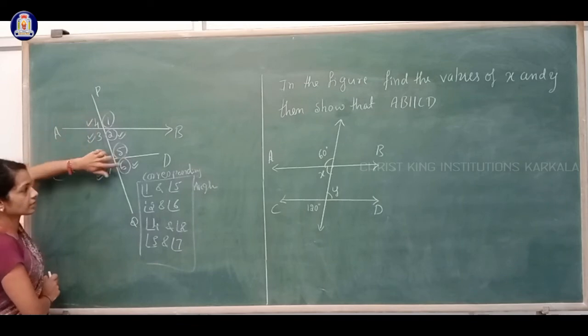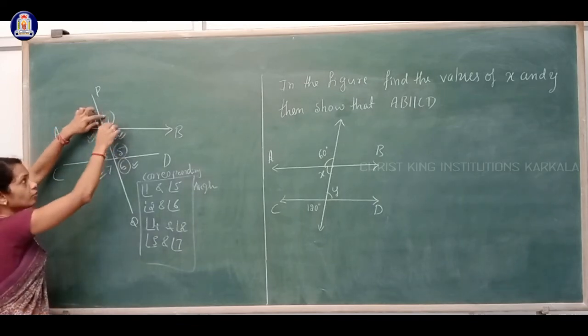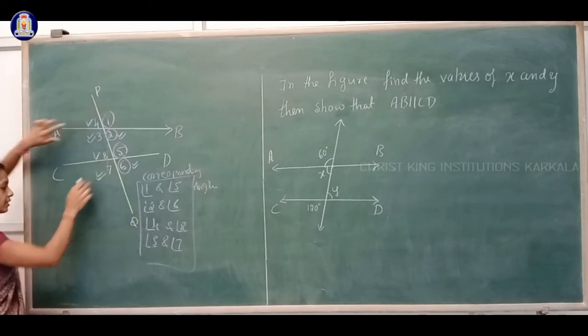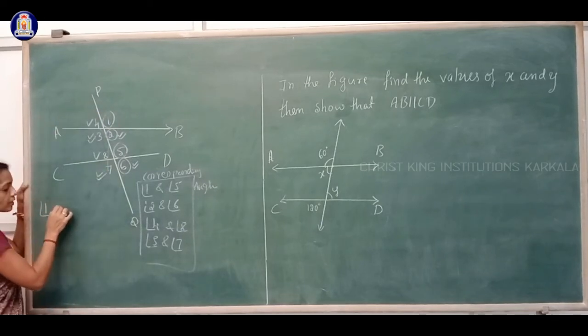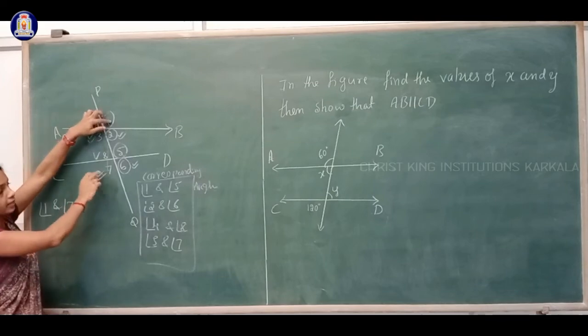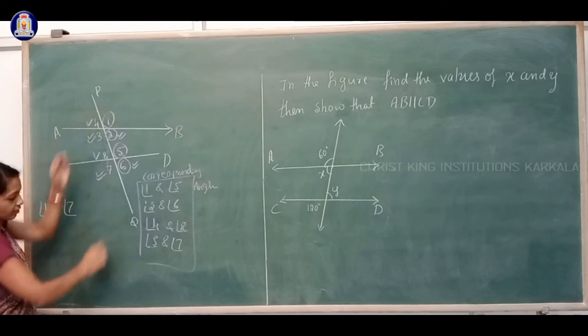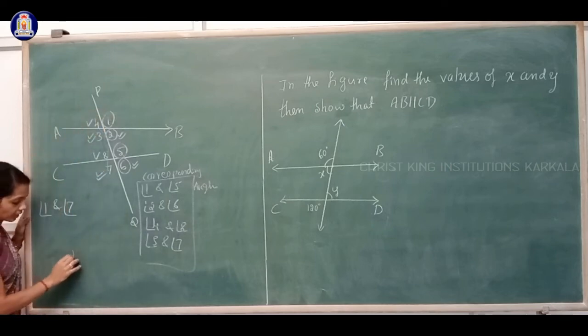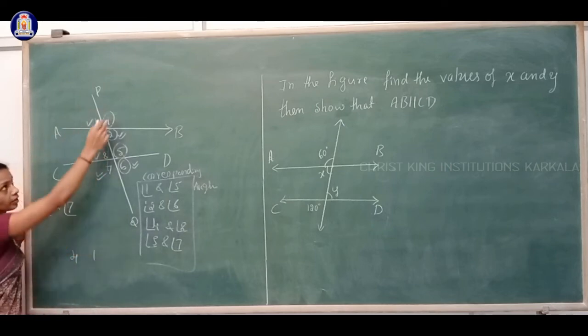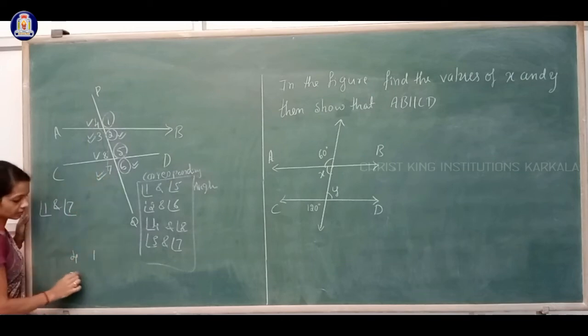In that, if you put a cross mark, angle 1 goes with angle 7. So for angle 1, the alternate pair is angle 7. You have to see the exterior angles 1, 4, 7, 6. If you feel it is difficult, you can write like this: 1 here, 4 here, 7 here and 6 here. These are exterior angles, and put the cross mark like this.